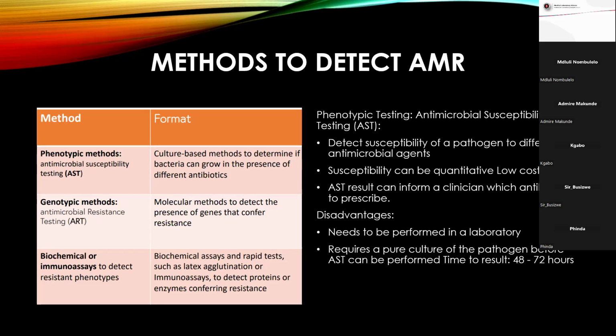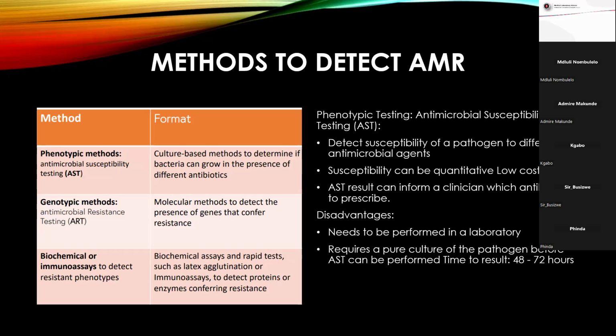There are other biochemical methods which are now in use, like chromogenic media. You can also use rapid kits which are available. And usually those, again like the genotypic, tell you about the presence of resistance and not the susceptibility pattern. So there are advantages of each versus the other.